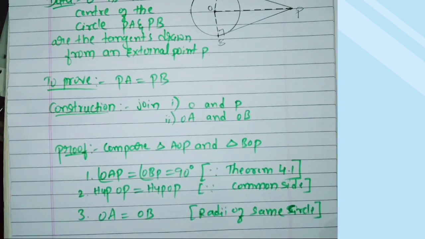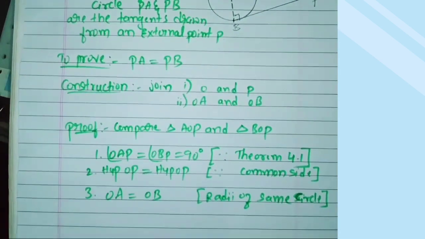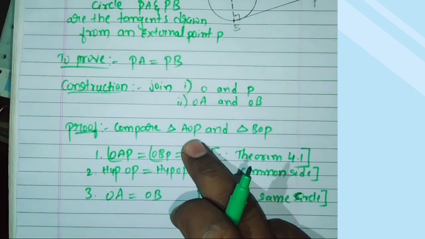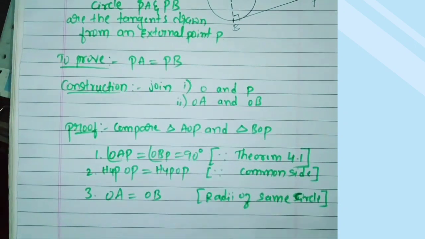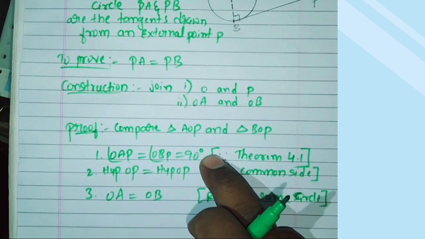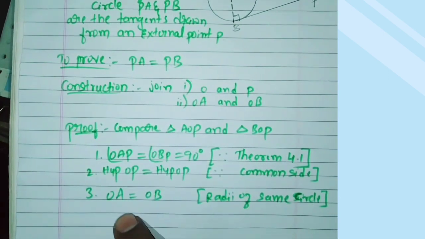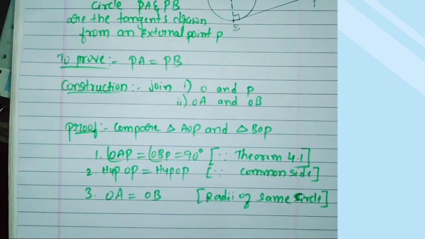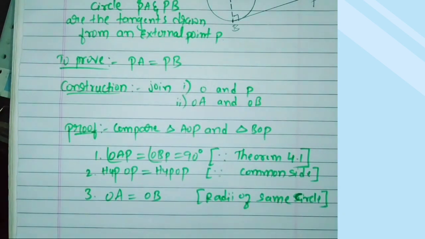So now you are observing all these three points. One is a right angle and hypotenuse, and another one is the radii of the same circle. My dear students, you have to go back and recall from the 9th standard concept.